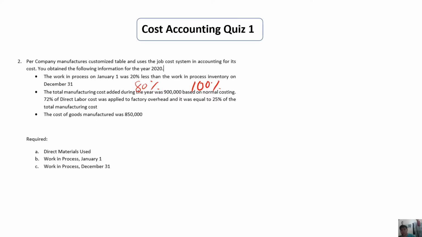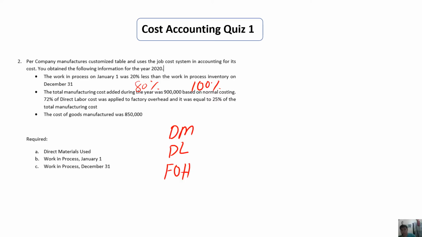Since one of the requirements is to find the direct materials used, which is part of the manufacturing cost, pwede na po nating gamitin yung ating statement number 2. So ilagay po muna natin yung ating manufacturing cost composition. So meron tayo diyang direct materials, direct labor, and we have the factory overhead.